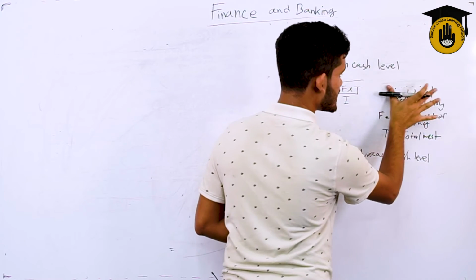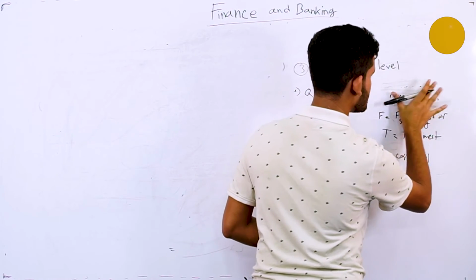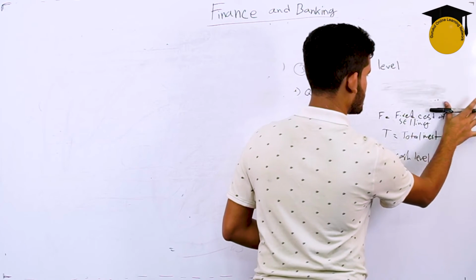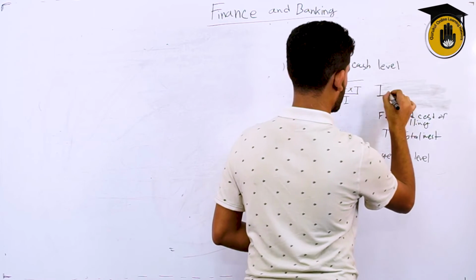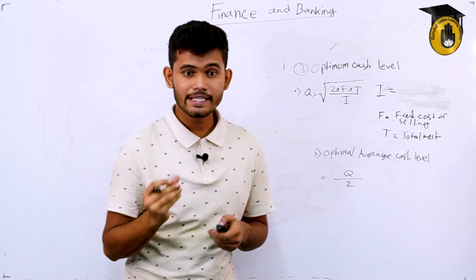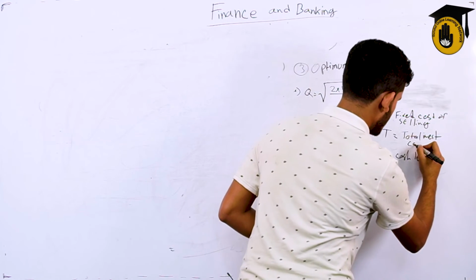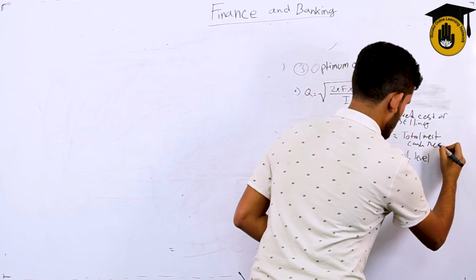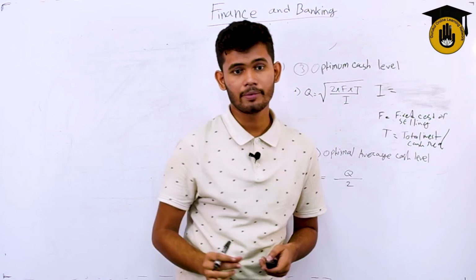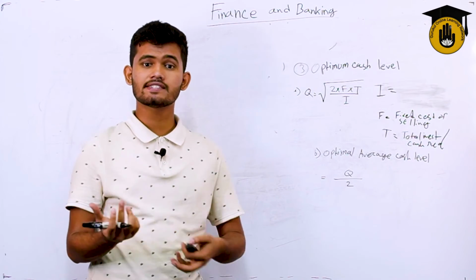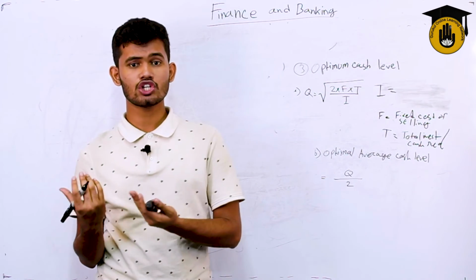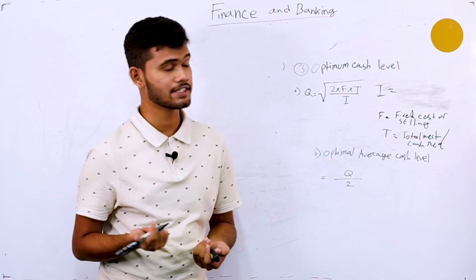So T means total cash requirement. I stands for interest rate, or in short, the opportunity cost for cash holdings.